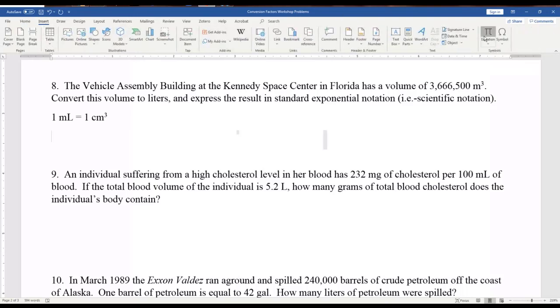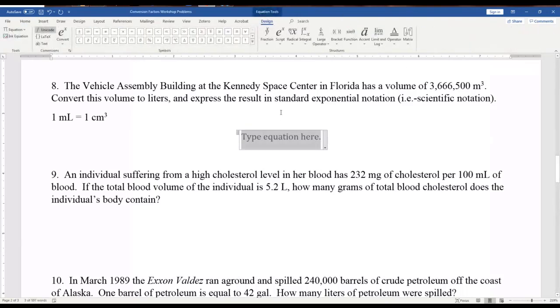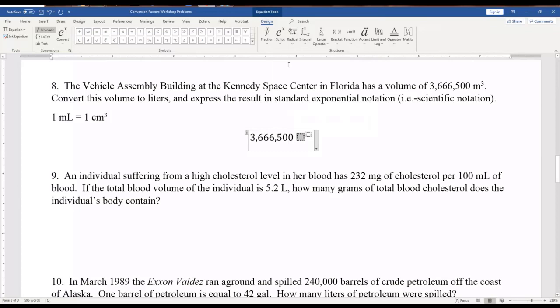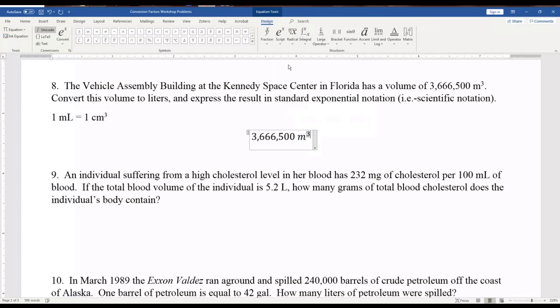So let's go ahead and start with our 3,666,500 meters cubed. Only one unit that we can start with, and then we'll go ahead and multiply.